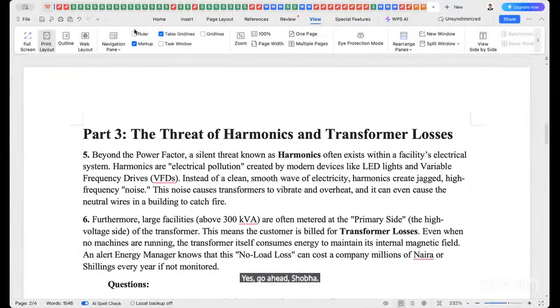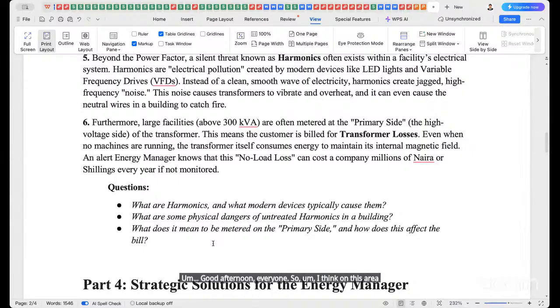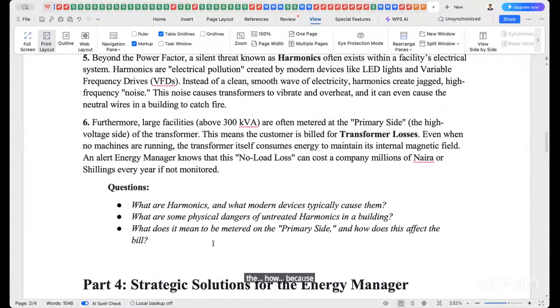Good afternoon, everyone. So I feel on this area of the primary side, the metering being on the primary side, I feel these facilities that are consuming this large amount of energy, because they consume a lot of energy, they cause these harmonics, these losses from the transformer.